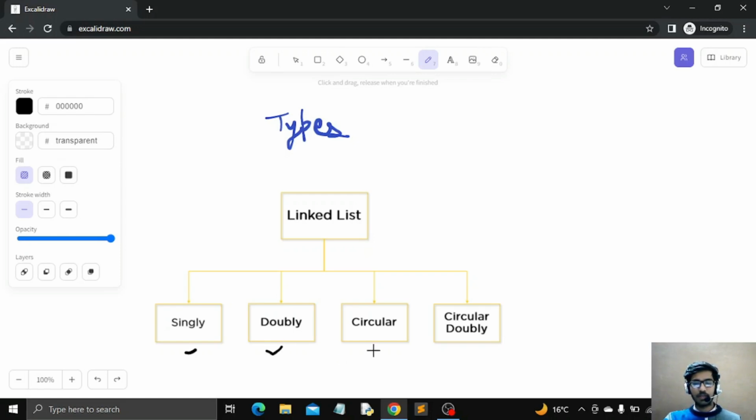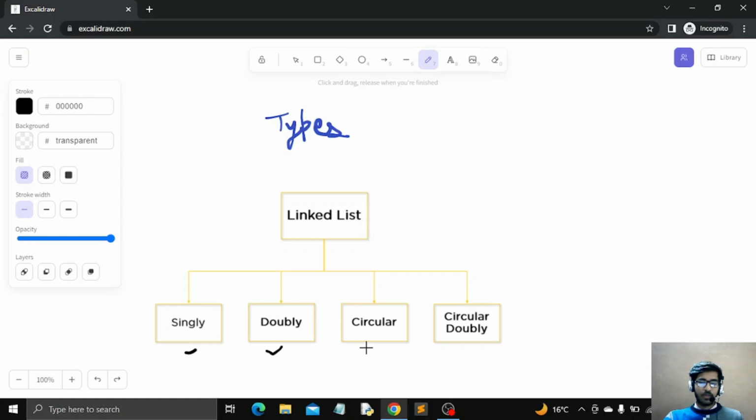The third type is the circular linked list. Now the key difference between the singly linked list and the circular linked list is that in circular linked list the next pointer of the last node points back to the head of that linked list, and because of this it takes a circular structure, and hence it is named as circular linked list.